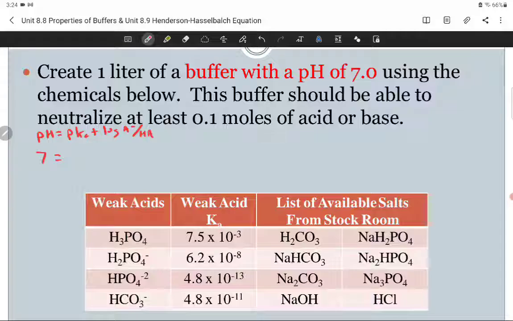And I think that Ka is going to get us closest to that. So if I put 6.2 times 10 to the negative 8th and I hit the log button, I get 7.21. And then I can solve for the ratio of A minus to HA.